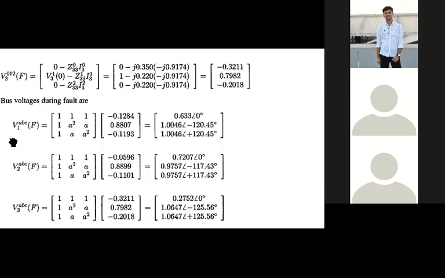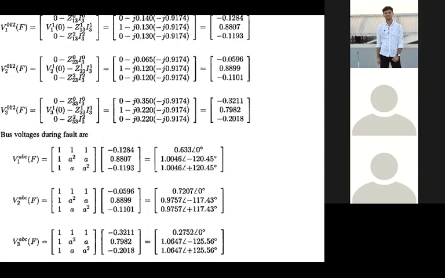Now can you find the line current? How can you find the line current now? V1 012 is in your hand. All the information is in your hand right now.